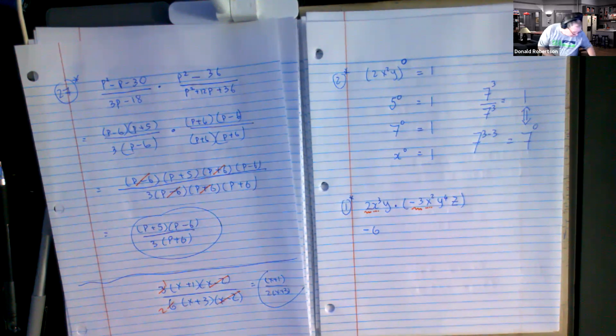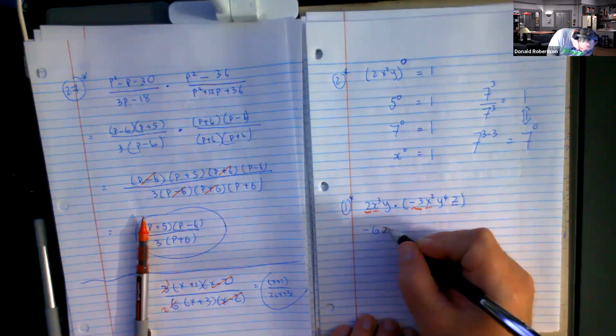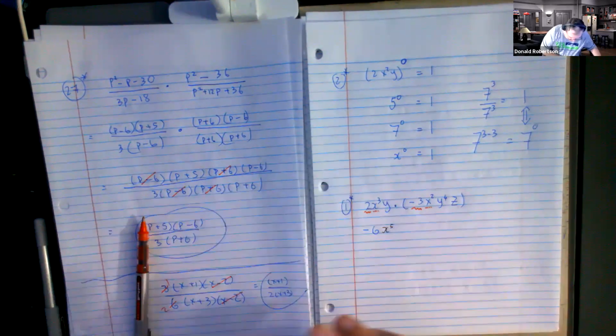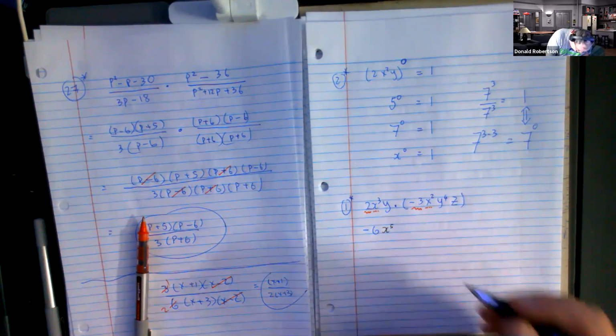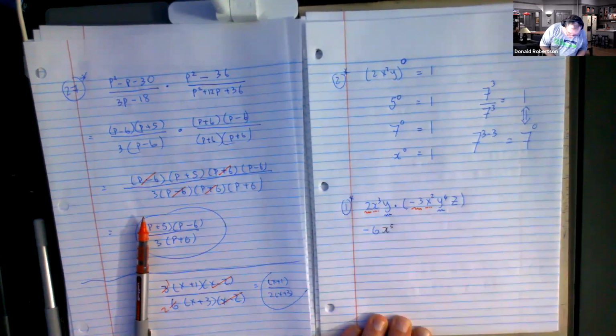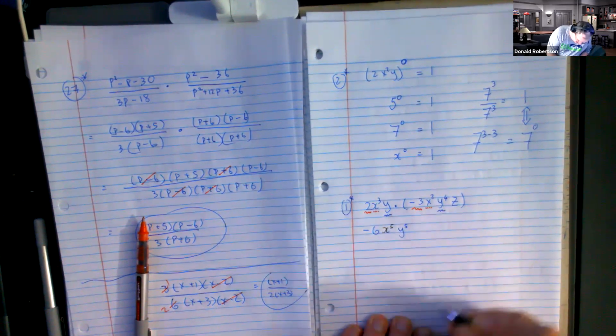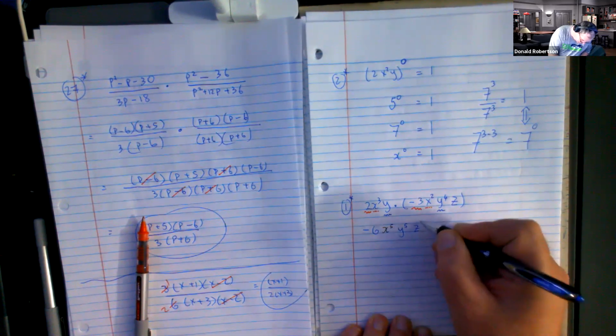Right. Who's left? y multiplied by y to the 4. When you combine them, you get y to the 5. Little z is on its own, and that's your answer.